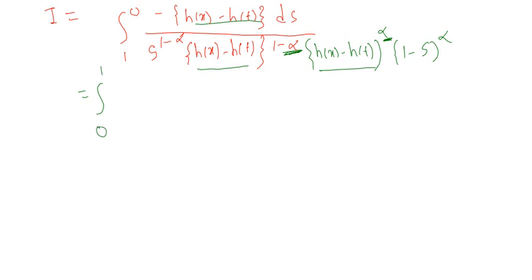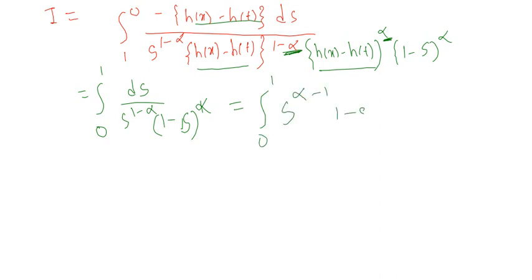So what we will get? ds divided by s raised to 1 minus alpha, 1 minus s raised to alpha, which is equal to integral from 0 to 1 s raised to alpha minus 1, 1 minus s raised to alpha. Again the same manipulation that we have done earlier.